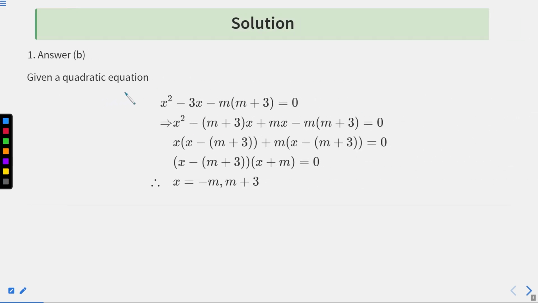We have been given the quadratic equation x square minus 3x minus m times (m plus 3) is equal to 0.